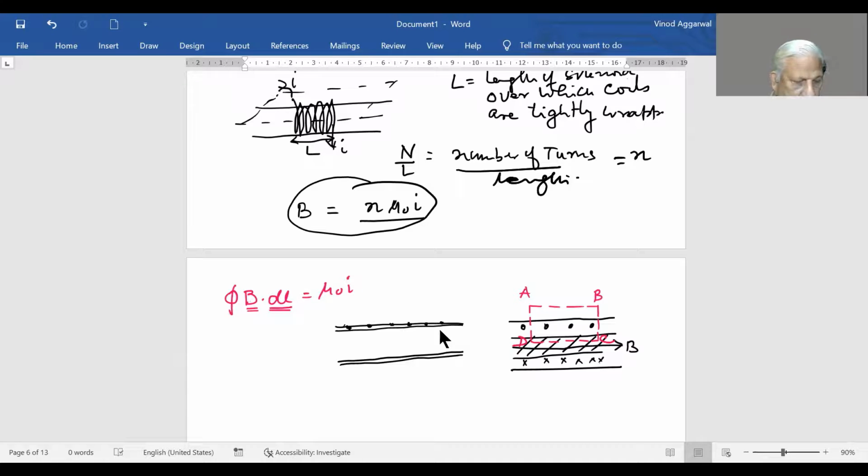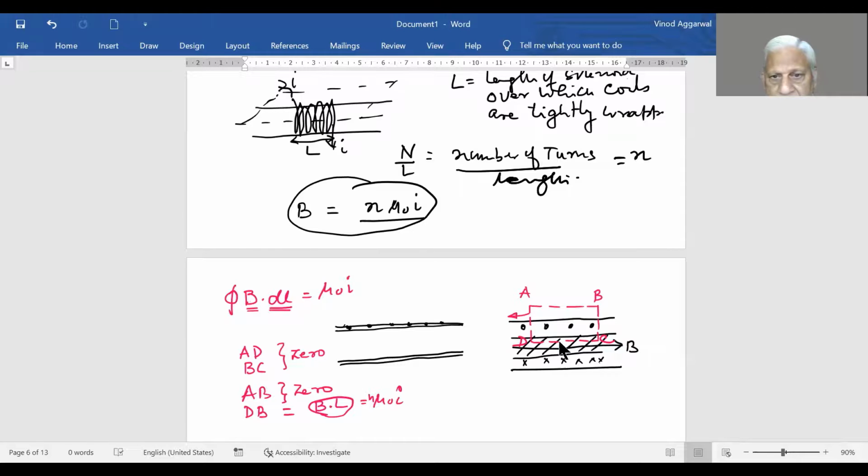Now, if you take this loop A, B, C, D, then if you take this side AD, the dl vector is pointing this way and the B vector is pointing this way.